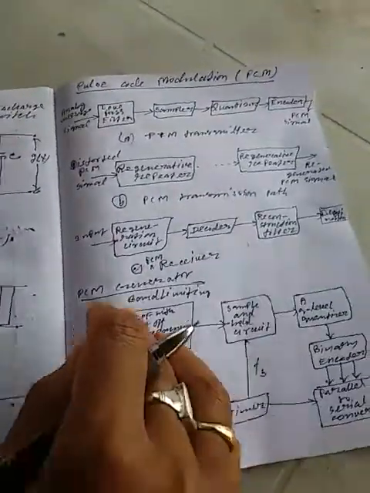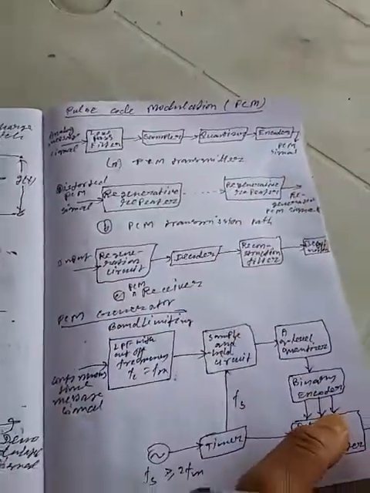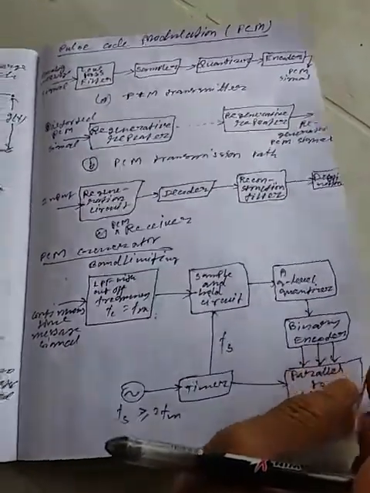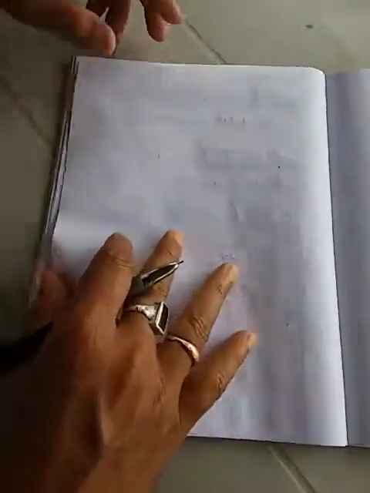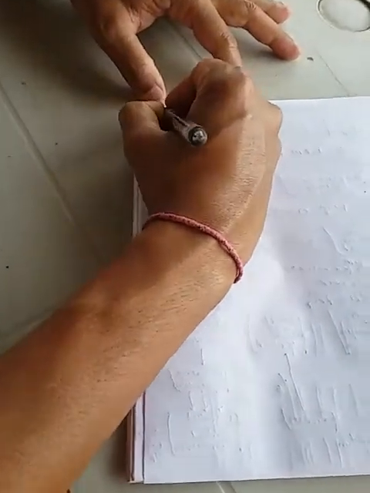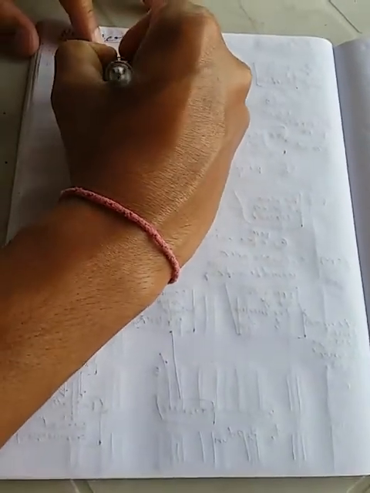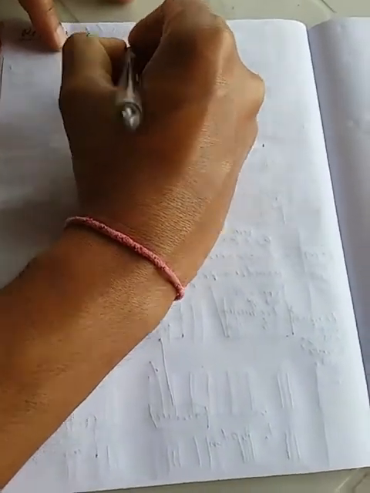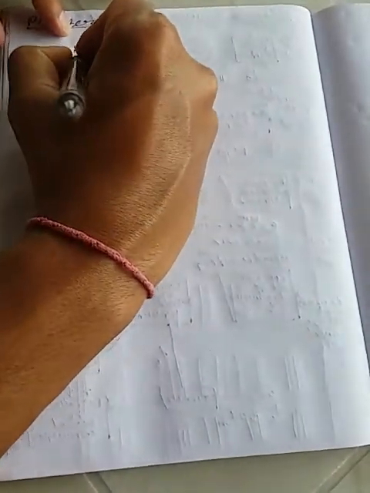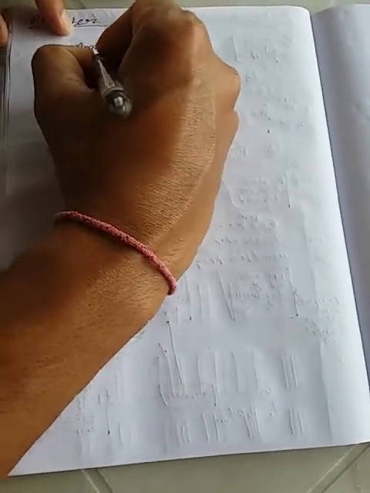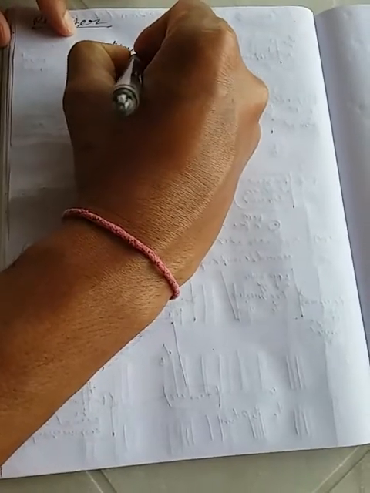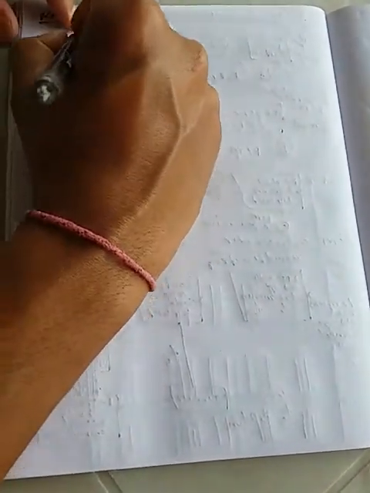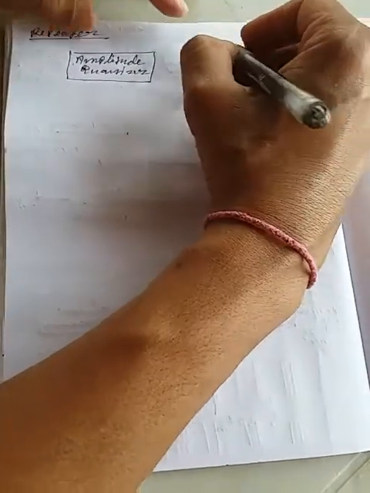In the transmission path, we know there are some regenerative repeaters. Okay, so a block diagram of the repeater. The repeater consists of an amplitude quantizer and a decision making device.